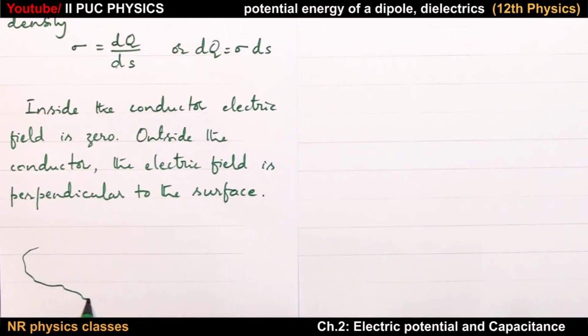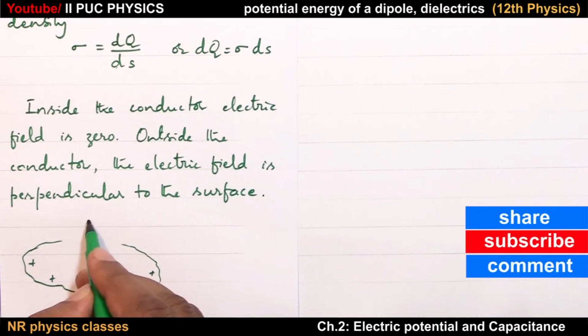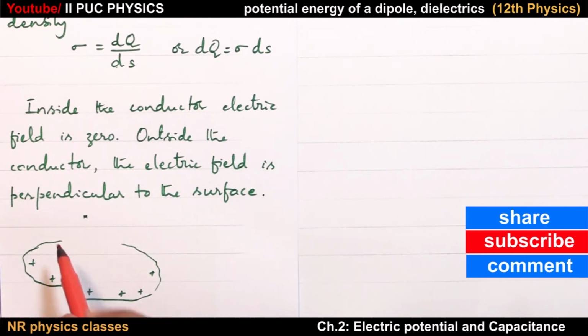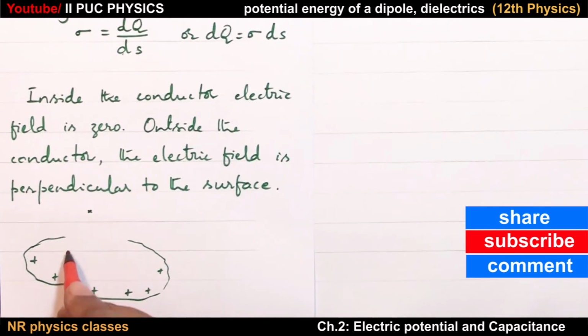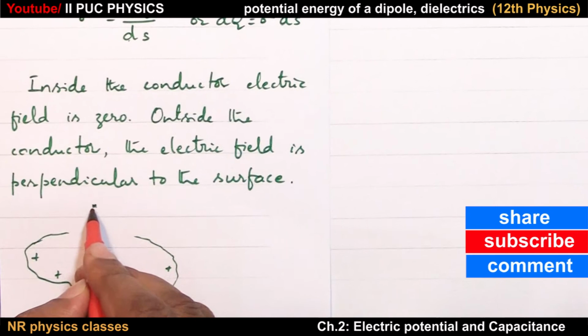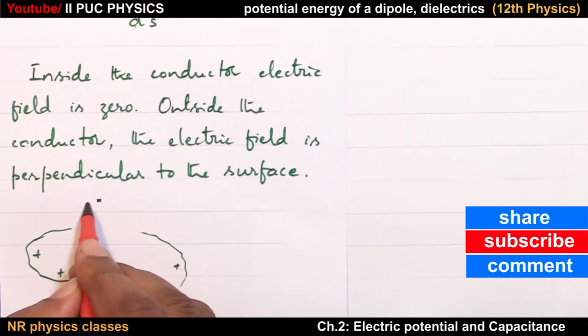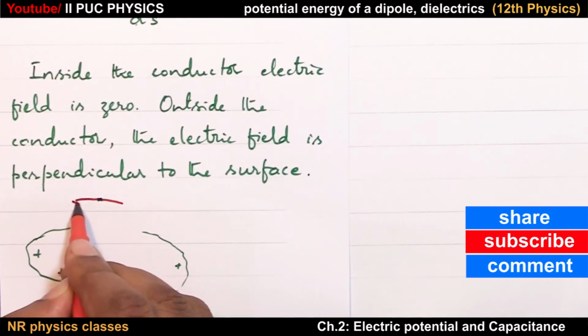Let this be a charged surface. I should complete here. For time being, let it be open. The conductor is charged, okay, like this. This is a point outside the conductor. Just like the application of Gauss theorem, keeping this point as reference, let us consider a Gaussian cylinder.